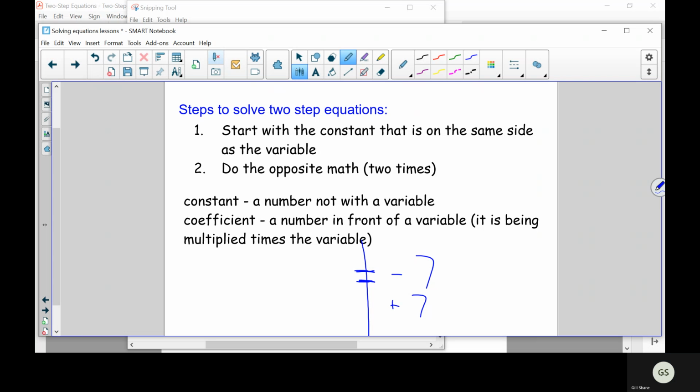This is a very basic math problem, but it's a little confusing because you got the same number, and for some reason, that tends to confuse students. So let's talk about it.